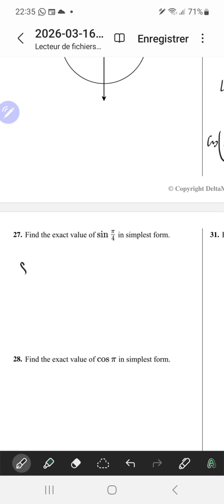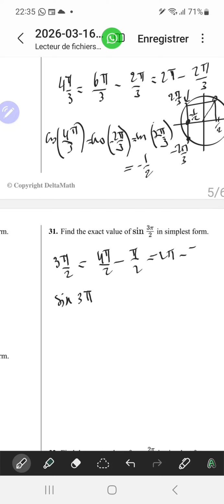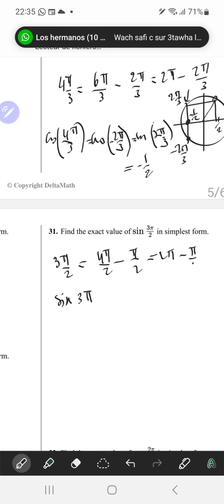Sinus, it's known, it's this. 3 pi over 2 is what? Is 4 pi over 2 minus pi over 2. So sinus of 3 pi over 2, which is 2 pi minus pi over 2, and 2 pi is 1 tour, so it doesn't count.